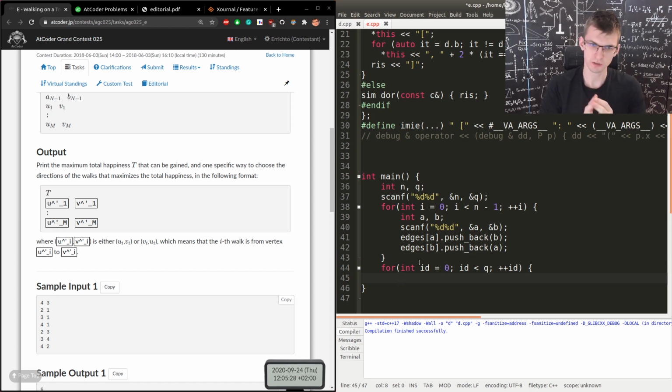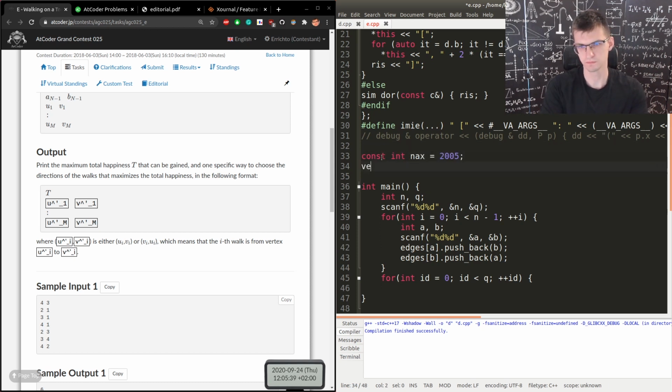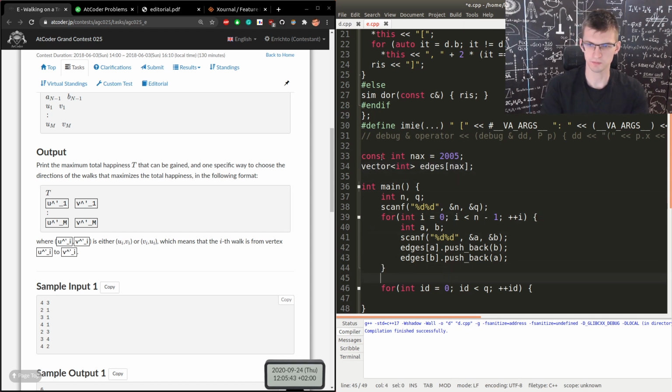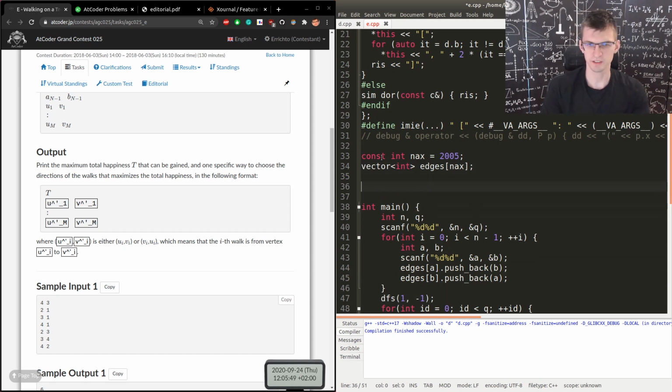It would be nice here to find a path between A and B. Maybe at this moment run some kind of DFS to find parents and everything.